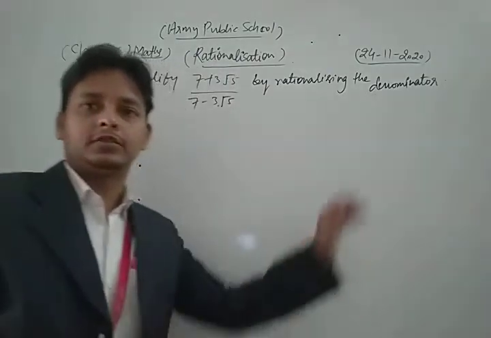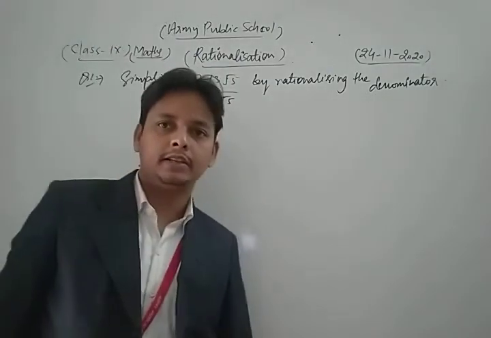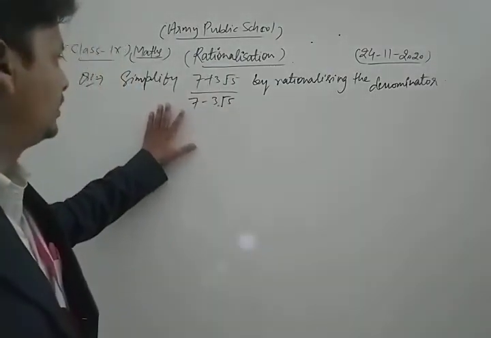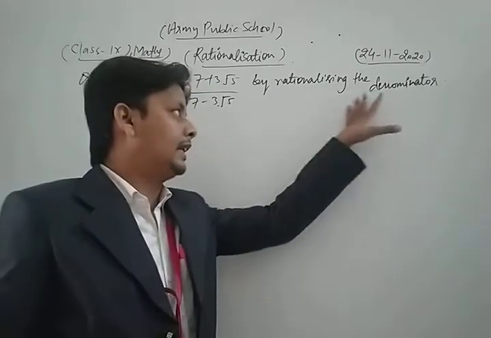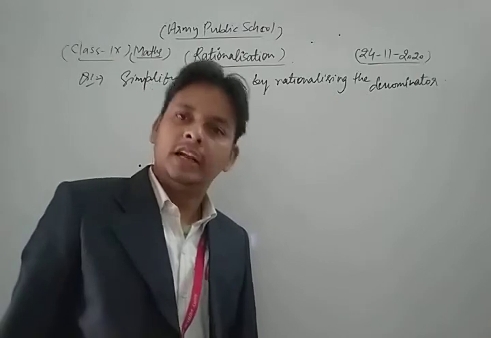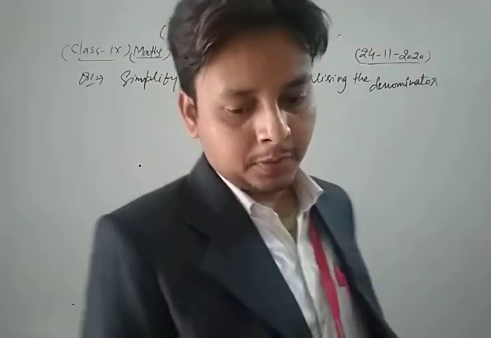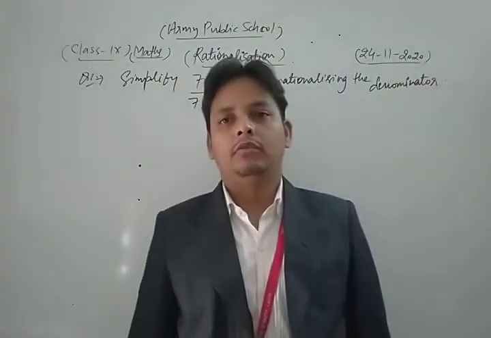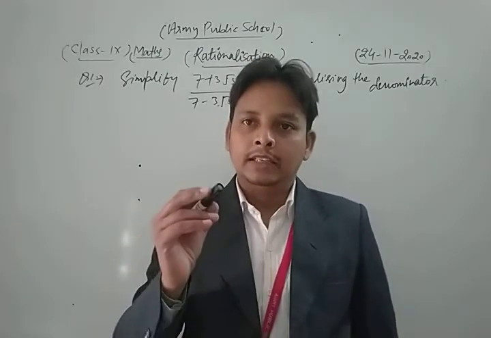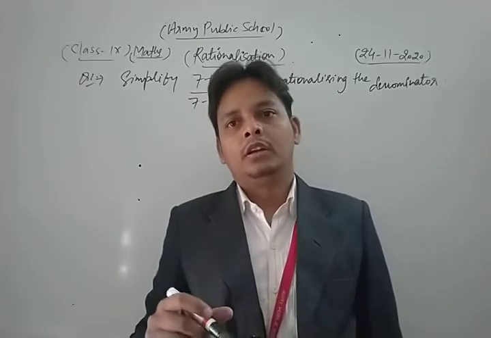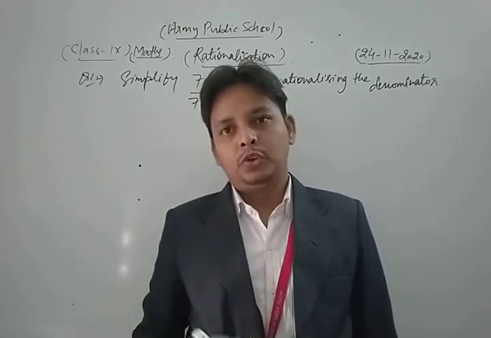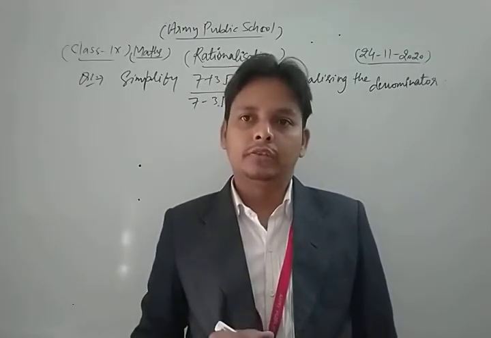This is a very important question of your NCERT exercise. Here we simplify that value by rationalizing the denominator. Just as I discussed, students, rationalizing the denominator means that we must multiply both the numerator and denominator by the conjugate of its denominator.